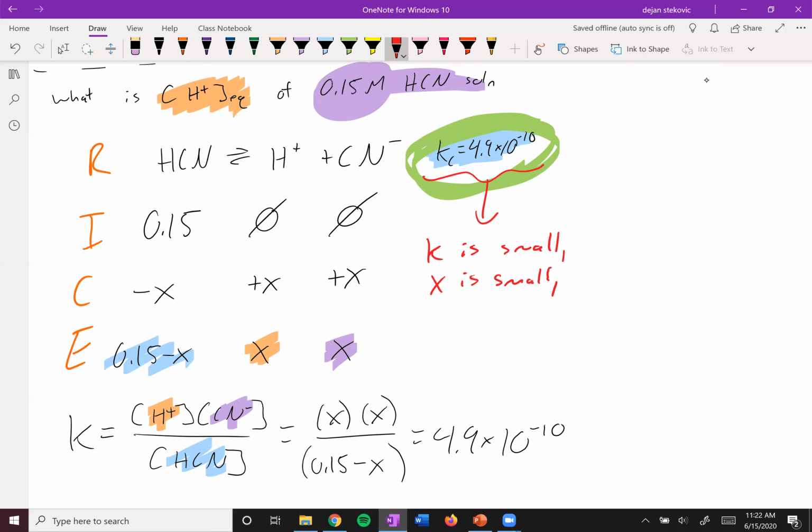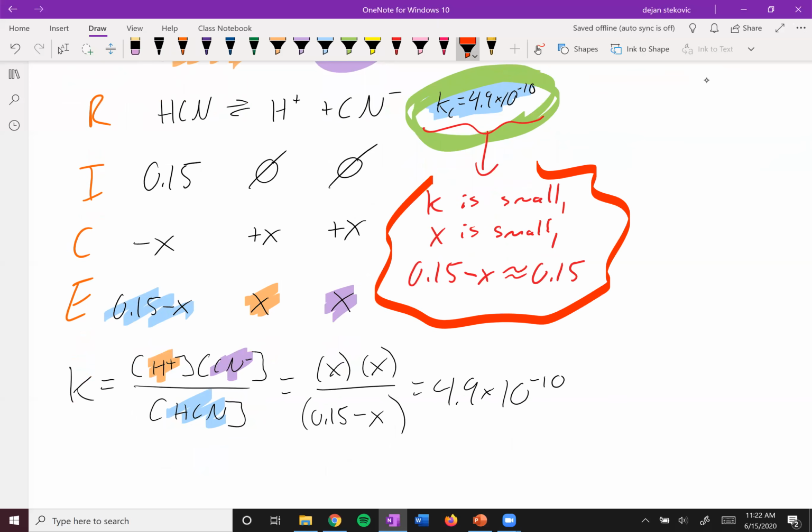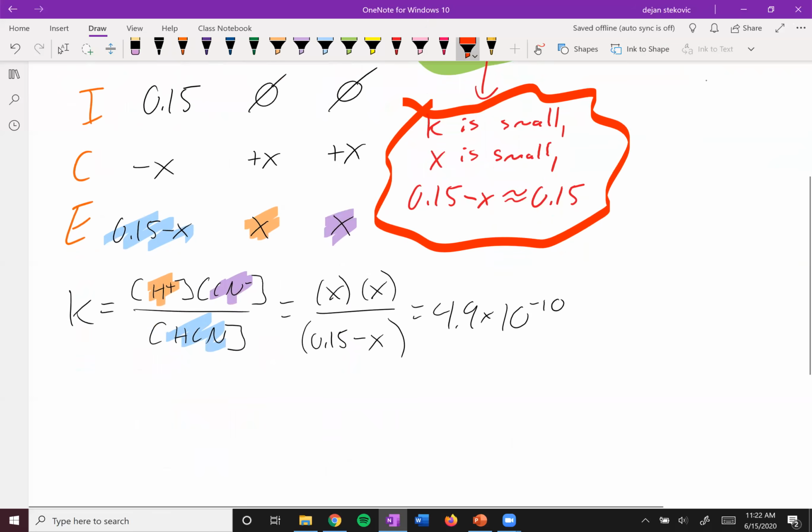And if X is small, then 0.15 minus X, a number minus a very, very tiny number, is approximately equal to just that number. And that's the assumption here that we can use. So when using this assumption, you want to write something like this.